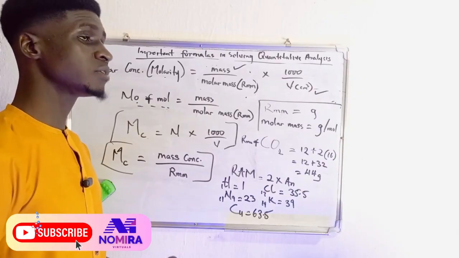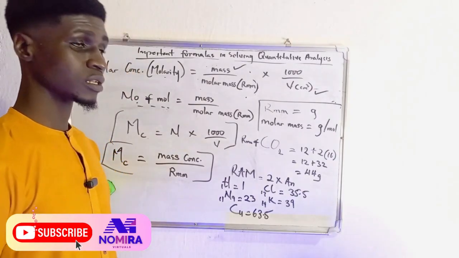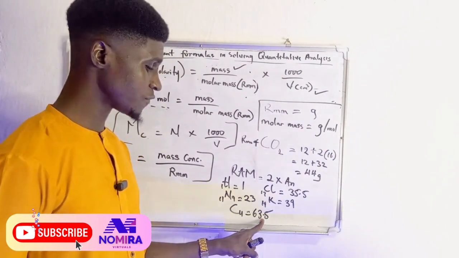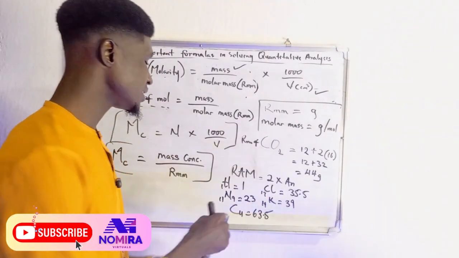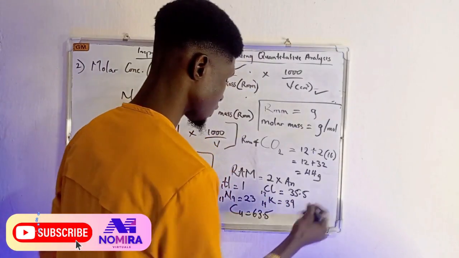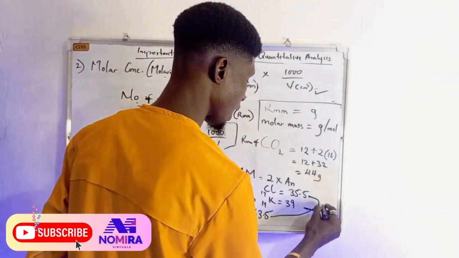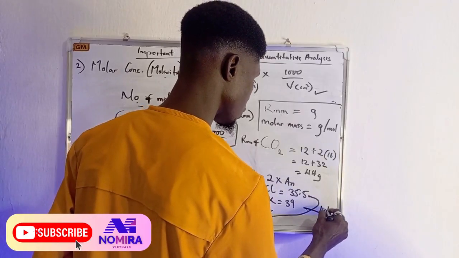So you cannot just tell me that it is the same thing by approximation. It is not the same thing. You have to respect this particular value and indicate that decimal point. The reason why these produced decimal points is because they are isotopic mixtures.